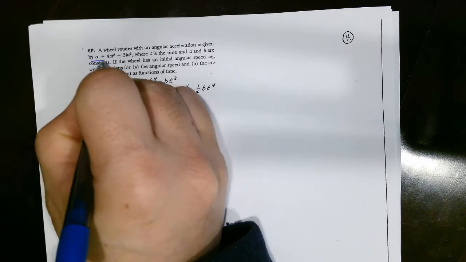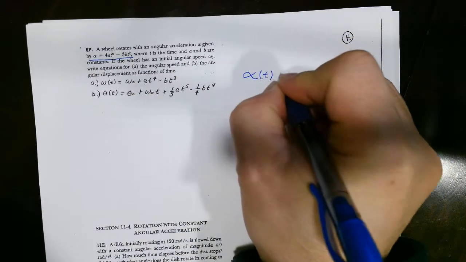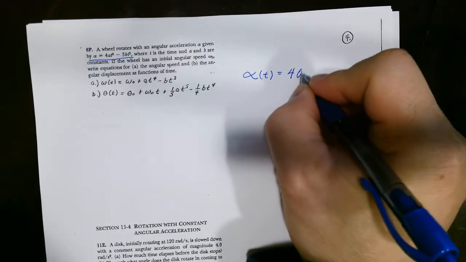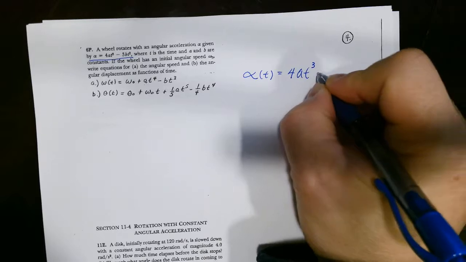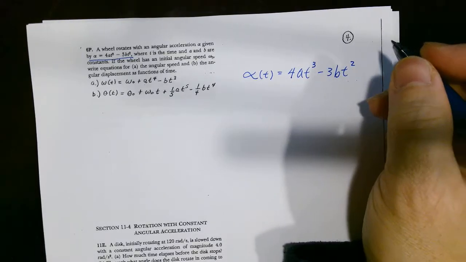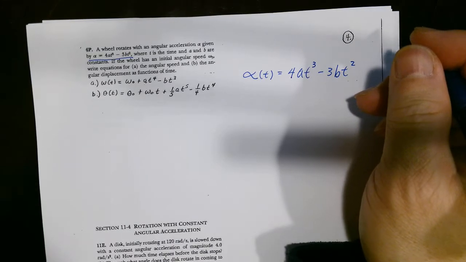So this is an important function. Alpha of t is equal to 4at cubed minus 3bt squared, where t is time and a and b are constants.